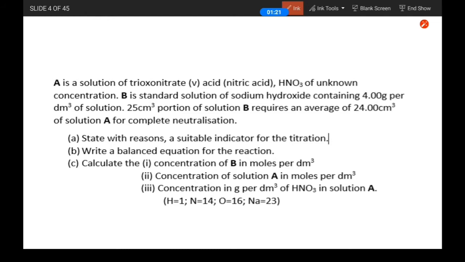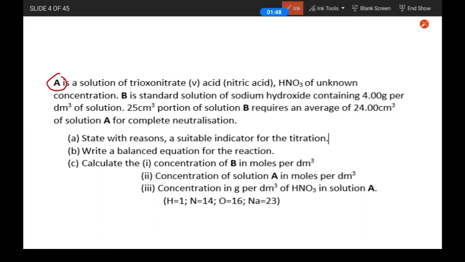Look at this question now. A is a solution of trioxonitrate(V) acid, of unknown concentration, that is for A. Now B is a standard solution, that means the concentration is known, of sodium hydroxide containing 4 gram per dm cube.